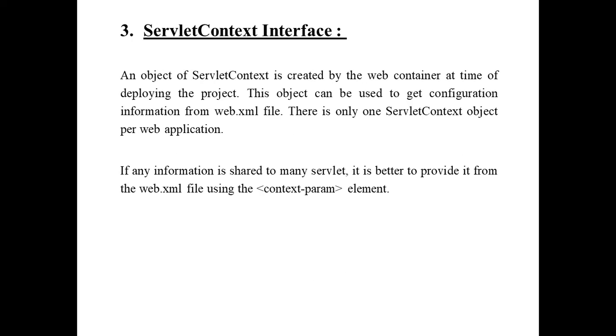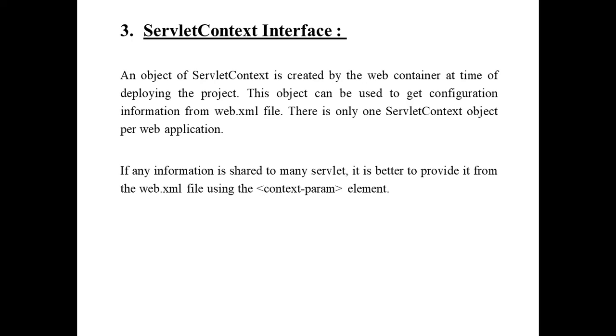Next interface is the ServletContext interface. This interface is used in the servlet to log events and access information about the environment. So this is an interface that enables the servlet to log events and access information about their environment.